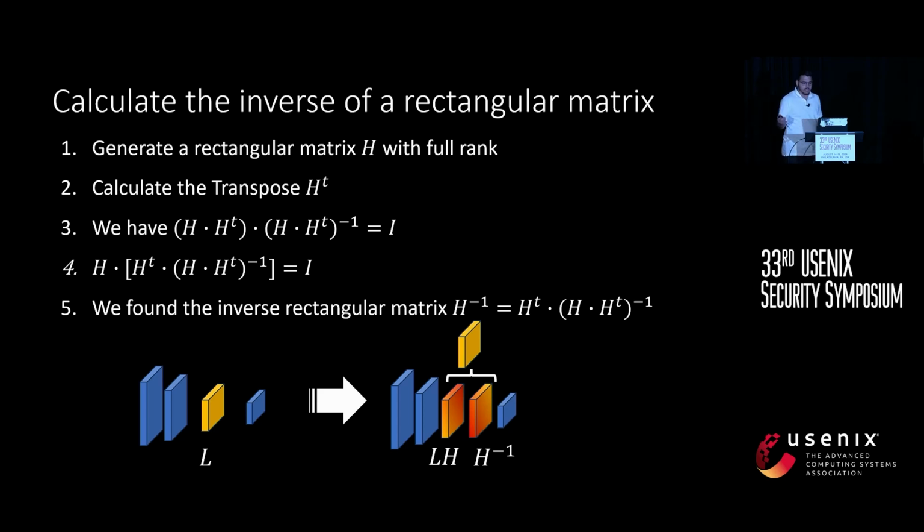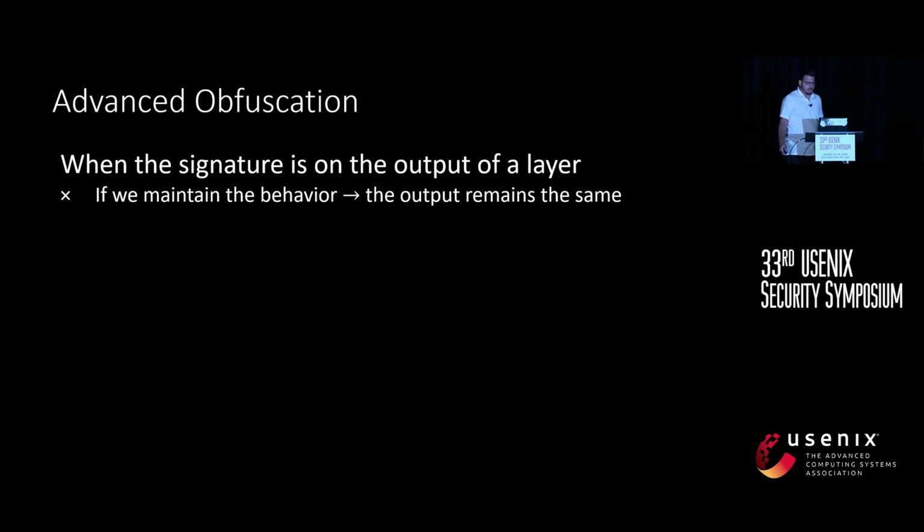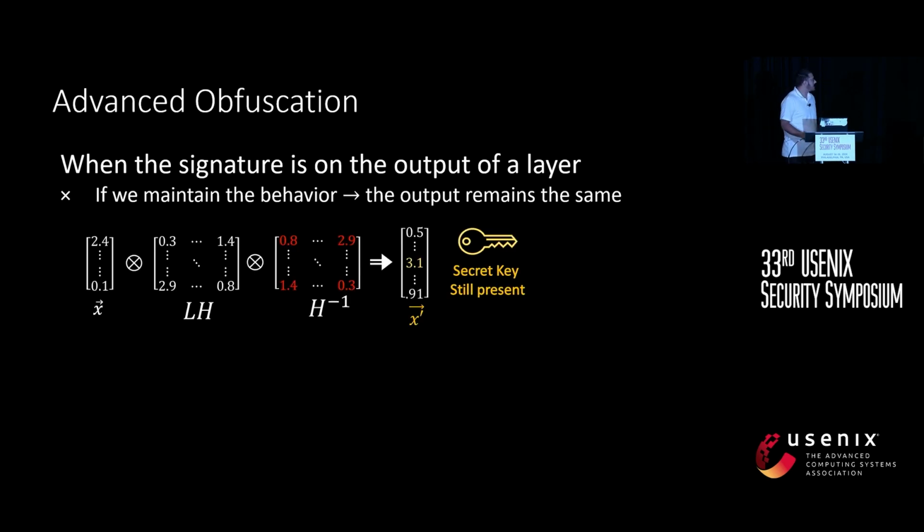Now, this brings a problem, as I said before. When the white box watermarking signature is the output of the layer, if, as we claimed before, we maintain the behavior of the original layer, the output should remain the same or similar. So the secret key will still be present. How do we solve this?